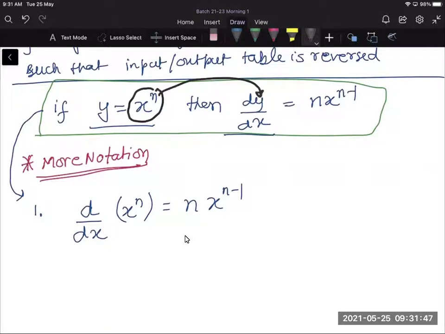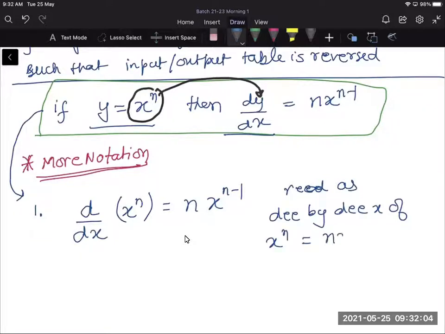So this is read differently. So I'll write down what you will read it as. This is read as d by dx of x raised to the power n is equal to n x raised to the power n minus 1. This is how you'll read it. Okay.